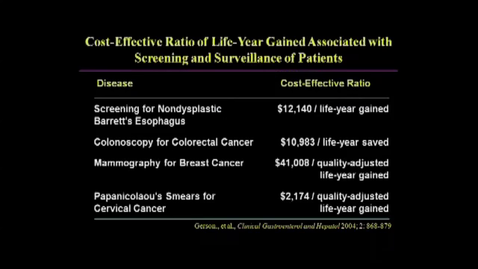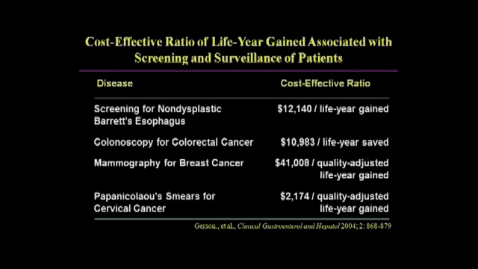Now that number compares reasonably with other screening decisions that have been part of public policy for some time. You'll notice here numbers anywhere from about $40,000 a year to as low as $2,000 a year. I'll also point out that the measure here changes. It's one of the problems with comparative data in this field.